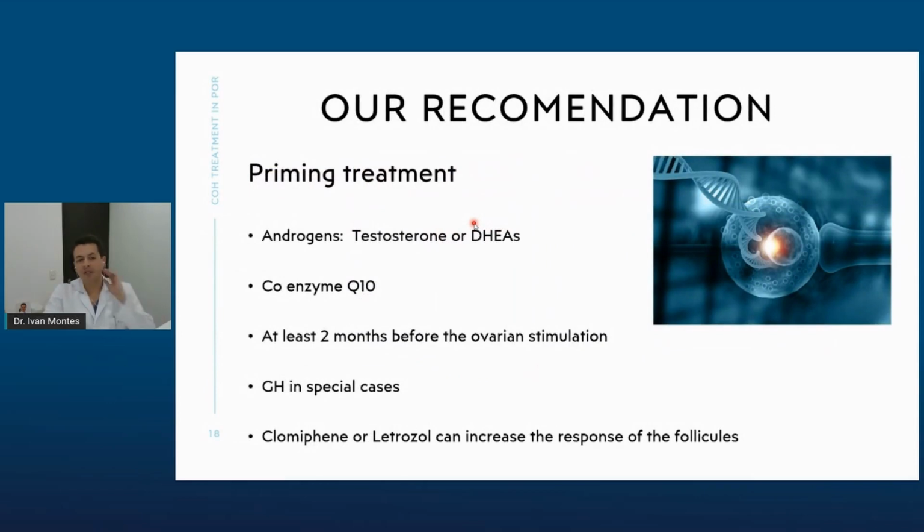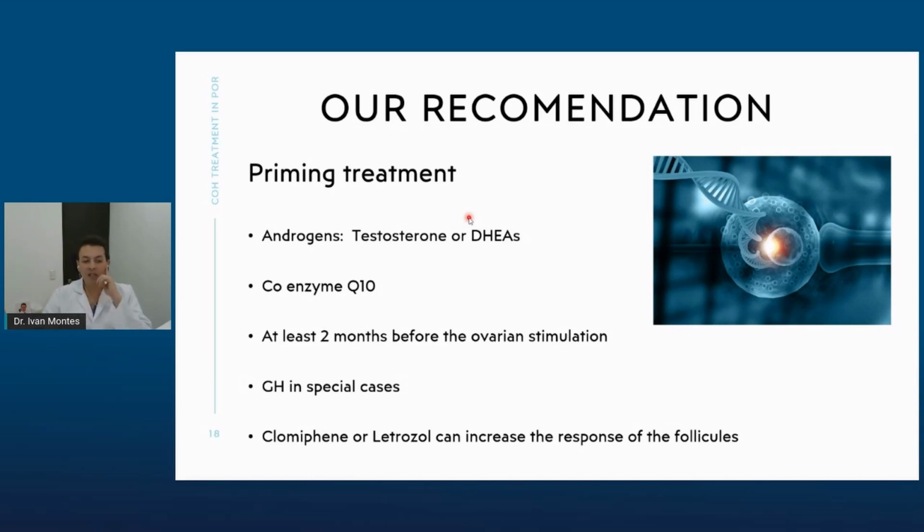So which is our recommendation? For patients where you already have done an ovarian stimulation treatment and you have not recovered the number of eggs that you were expecting, or that the patient wanted, or you have already canceled one cycle because of the low response, you can prime that patient.